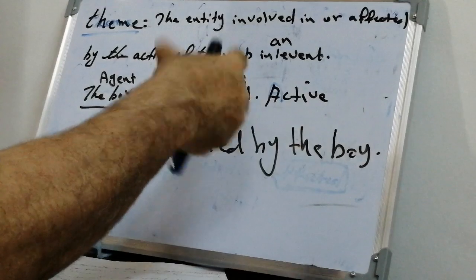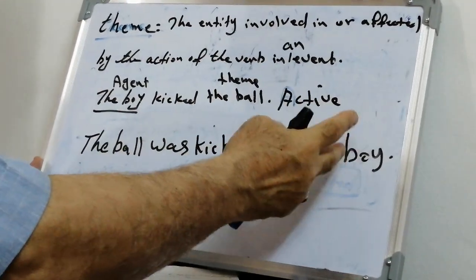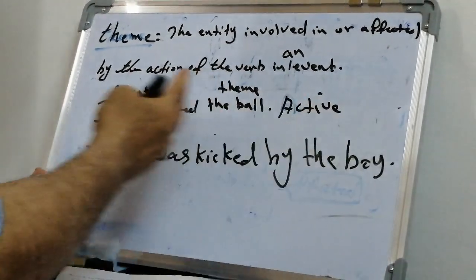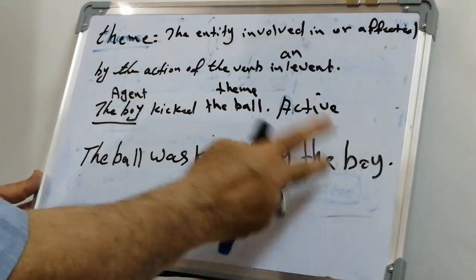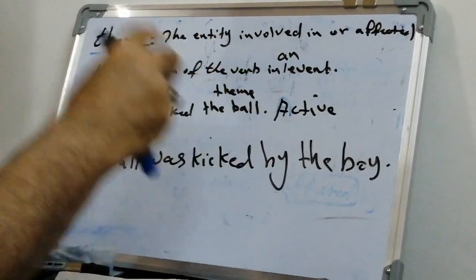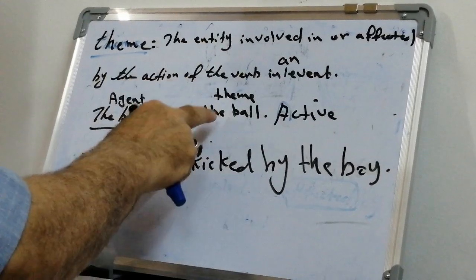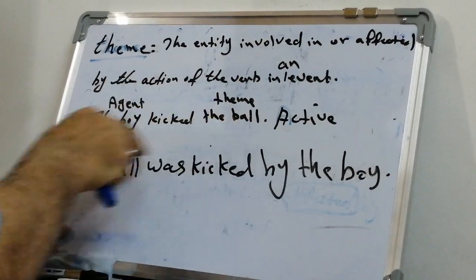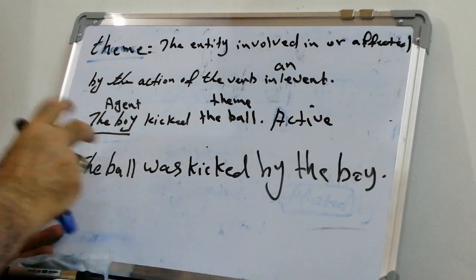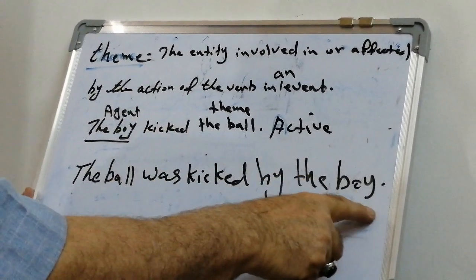Because he is the actual doer. Although I change it from this position to this position, that does not change its semantic role. The semantic role is not affected by movement. The ball is a theme here, and a theme here. The boy is an agent here and here, semantically speaking.